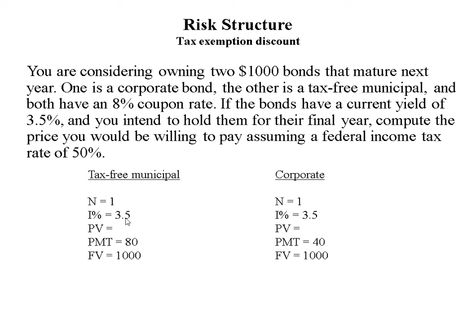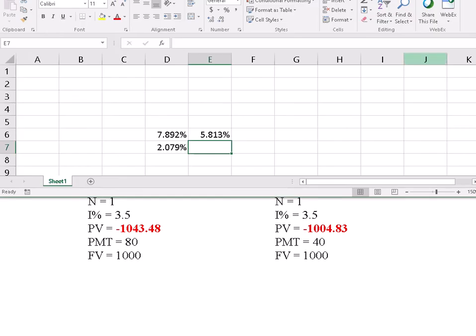And in this particular case, we're assuming they both have a yield to maturity of 3.5%, and then we put the A into the present value on the TI-83, we hit enter, and we get the price of the corporate bond at $1,004, and the price of the tax-free municipal at $1,043. So people are willing to pay a little higher price for that municipal bond.